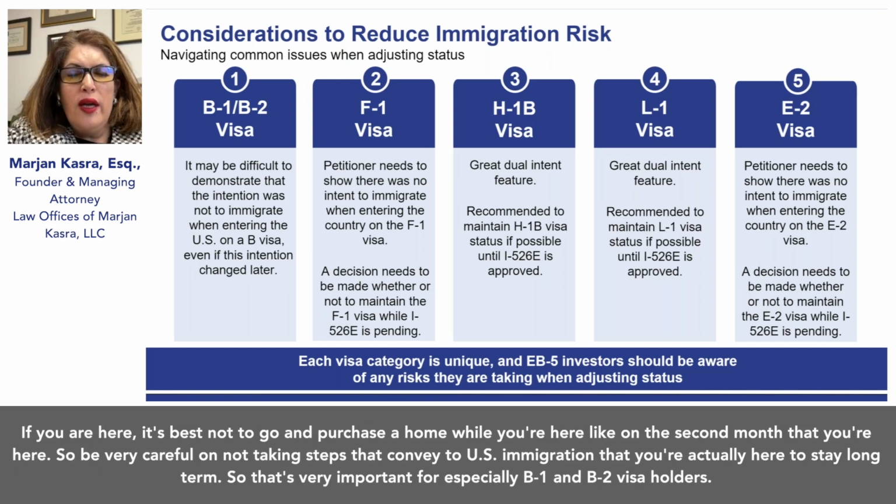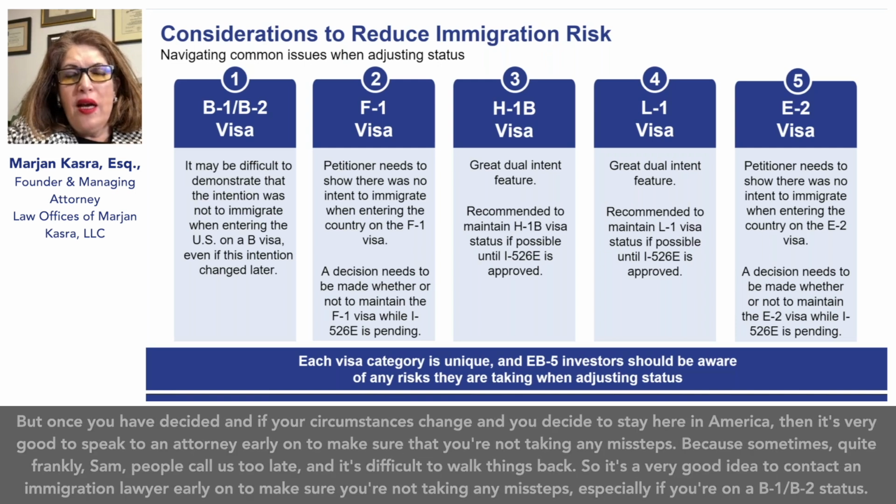It's best not to go and purchase a home while you're here, like in the second month that you're here. So be very careful not to take steps that convey to U.S. immigration that you're actually here to stay long term. That's very important especially for B1 and B2 visa holders.